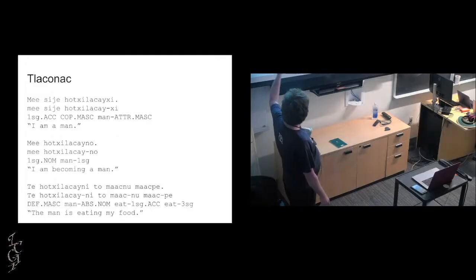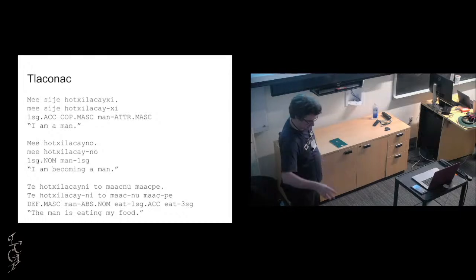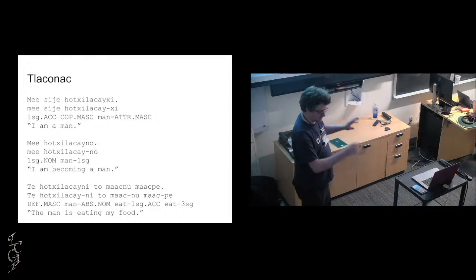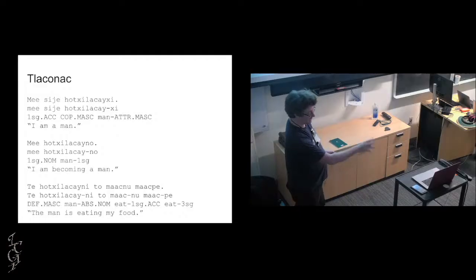So if I want to say the man is eating my food, I take a root that means to eat, and eat obviously has two arguments. It's not like something like rock, where you have to think, okay, what would the second argument be? Rock has one. Turns out it's the possessor, and there are good reasons why it has to be that. I'm not going to bother explaining all that.